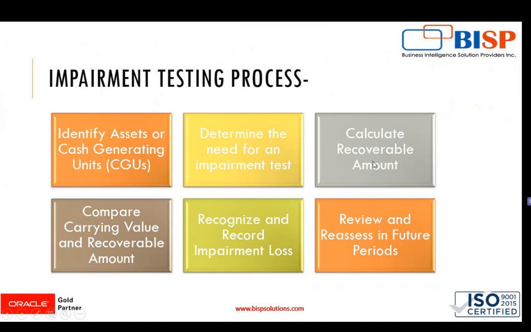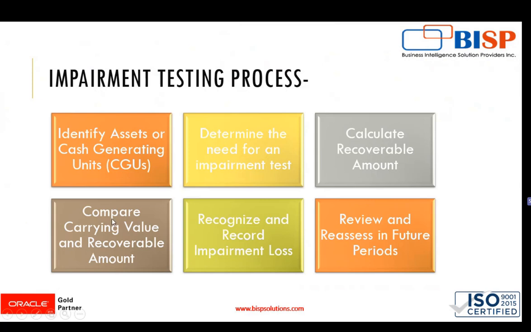So in calculating the recoverable amount, first is fair value less cost of disposal, which we have discussed in our key concepts. Then value in use, we have discussed also. We will choose the higher of FVLCD, fair value less cost of disposal, or VIU, value in use, as the recoverable amount.